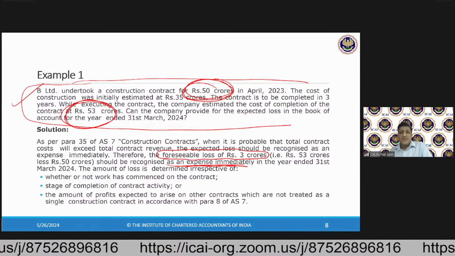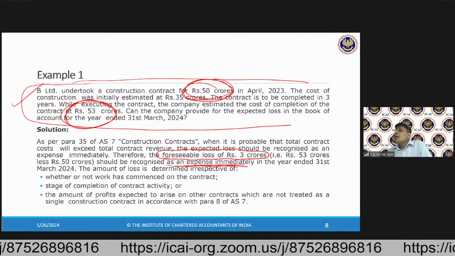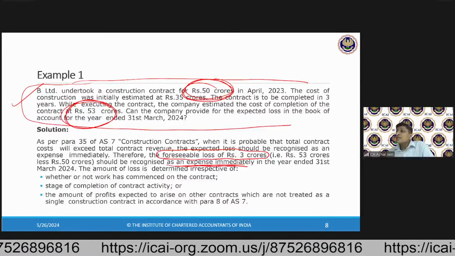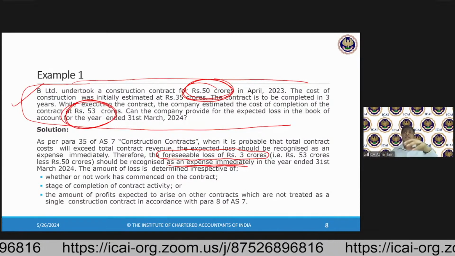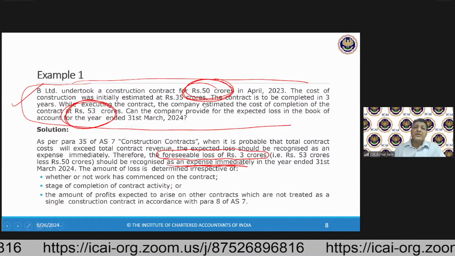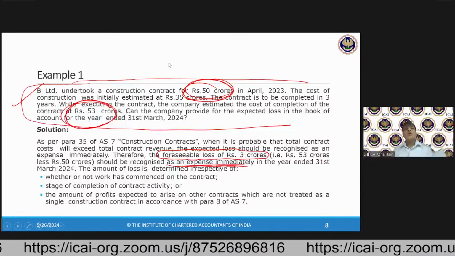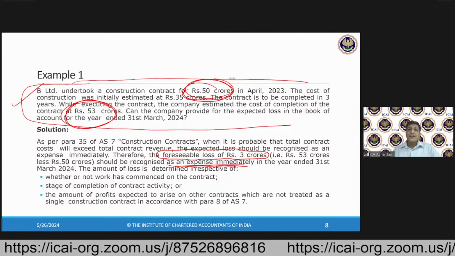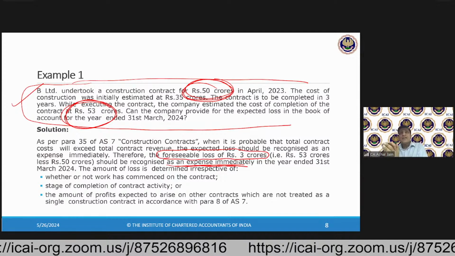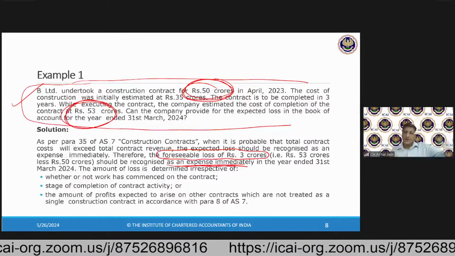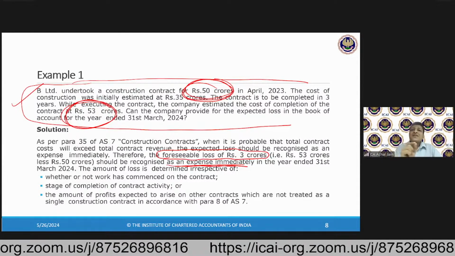Okay, then I think Srinivasan has a query. He's asking, sir, if the work certified is 75%, then the 100%, yes. See, percentage completion of work will not matter here. Why? Because we are looking at a stage wherein we are assessing the overall contract. We are not going by percentage completion.